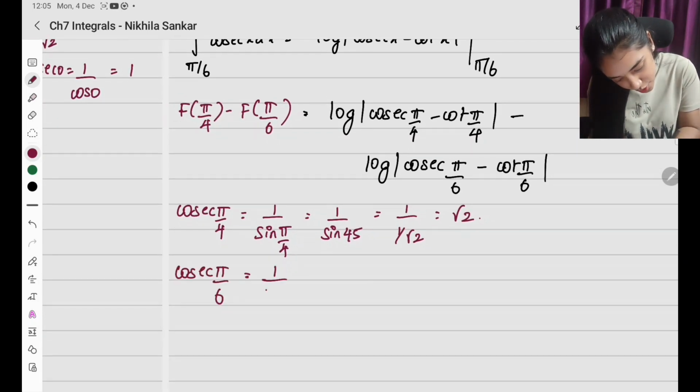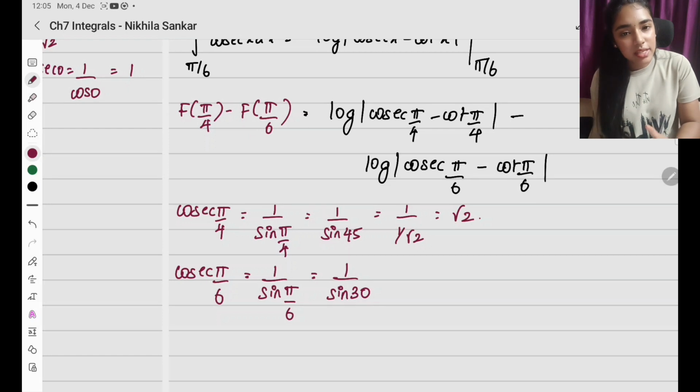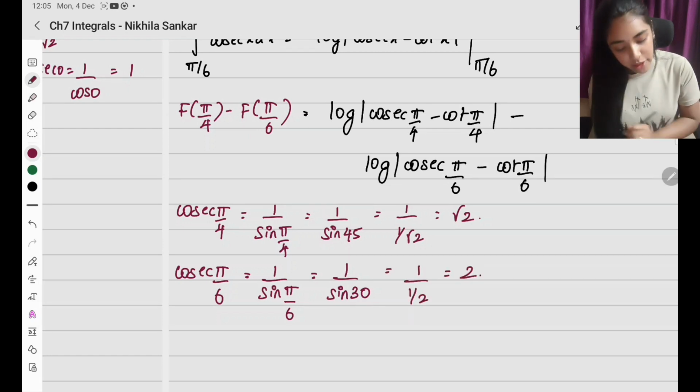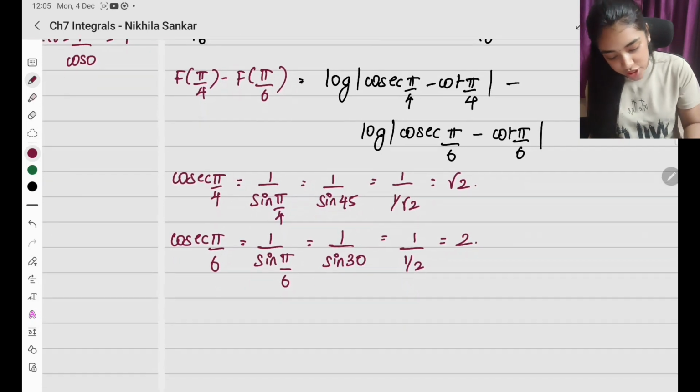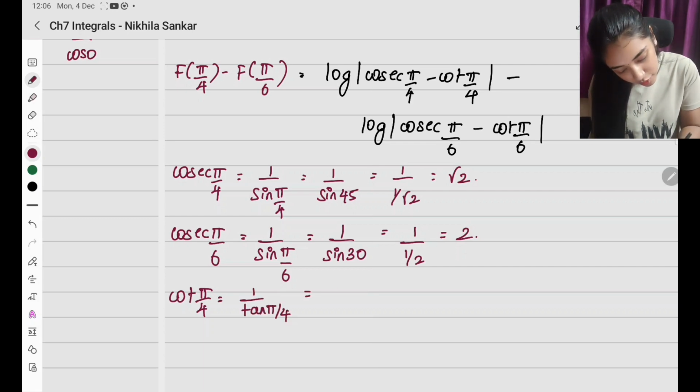Cosecant pi by 6 is again 1 by sine pi by 6, which is 1 divided by sine 30. Sine 30 is 1 by 2. So it is going to be 1 divided by 1 by 2, which is 2. So we have found cosecant pi by 6. Now cot pi by 4. So cot pi by 4 is going to be 1 by tan pi by 4, 1 by tan 45, which is going to be 1. Tan 45 is 1.